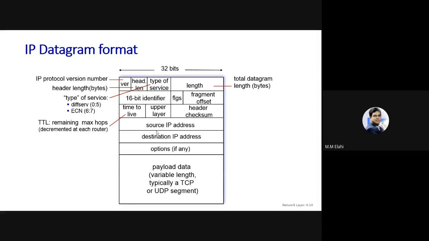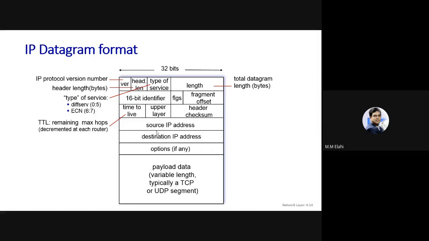So time to live, TTL. TTL represents how much time a packet will live in the network. That is remaining maximum hops. So whenever a router receives a packet, the router decreases the TTL value by 1. So for example, if the value is 20, the receiving router will change the value to what? 19.